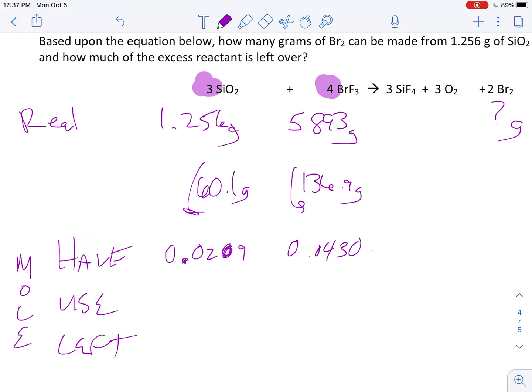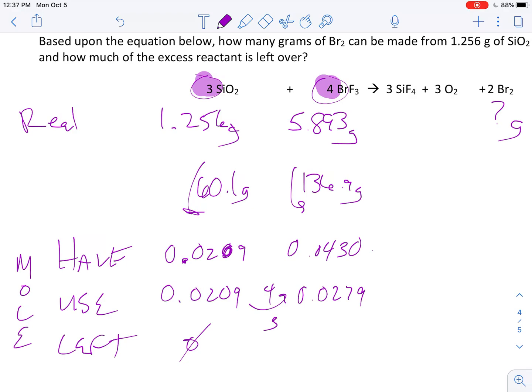So if I try to use up all 0.0209 and be left with none of it, I have to double check that by a 4/3 ratio, because again, I'm going to 4 and I'm coming from 3. So 0.0209 times 4/3 is 0.0279, and I guessed correctly.